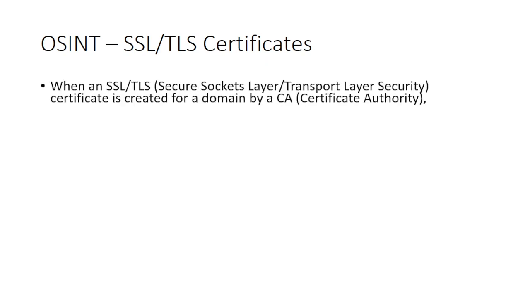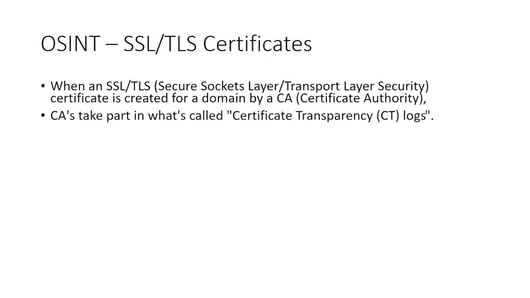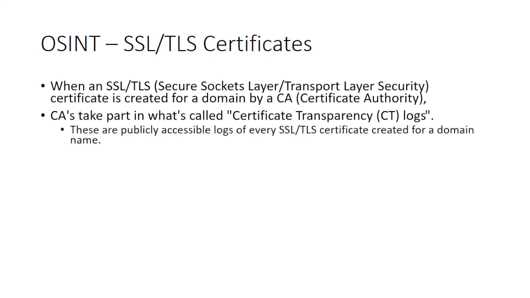When an SSL or TLS certificate is created for a domain by a certificate authority, the CA takes part in what's called certificate transparency logs. So what are those? These logs are publicly accessible logs of every certificate created for a domain name by that certificate authority.